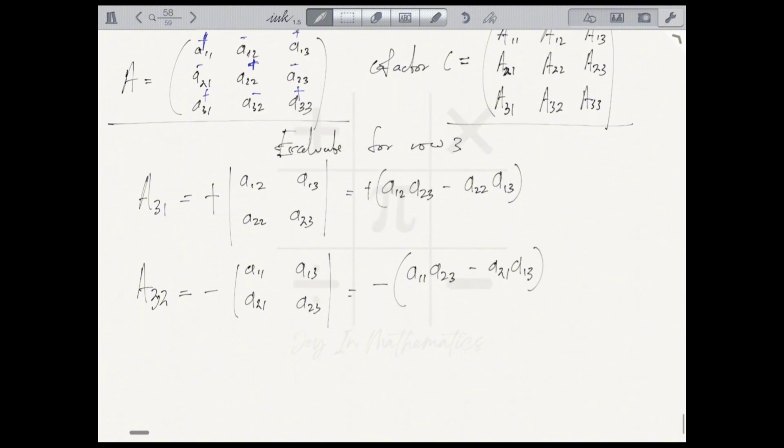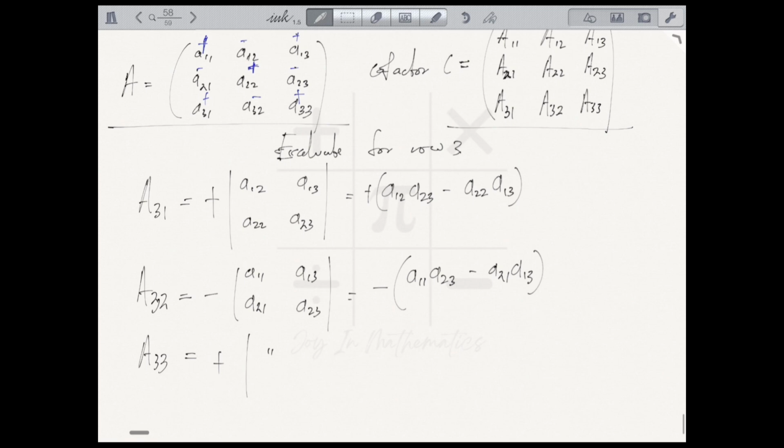And finally, A33, which is equal to, by evaluating this, first thing we write is the place sign, positive, and we highlight both ways, horizontally, vertically, and we are left with A11, A12, A21, and A22.